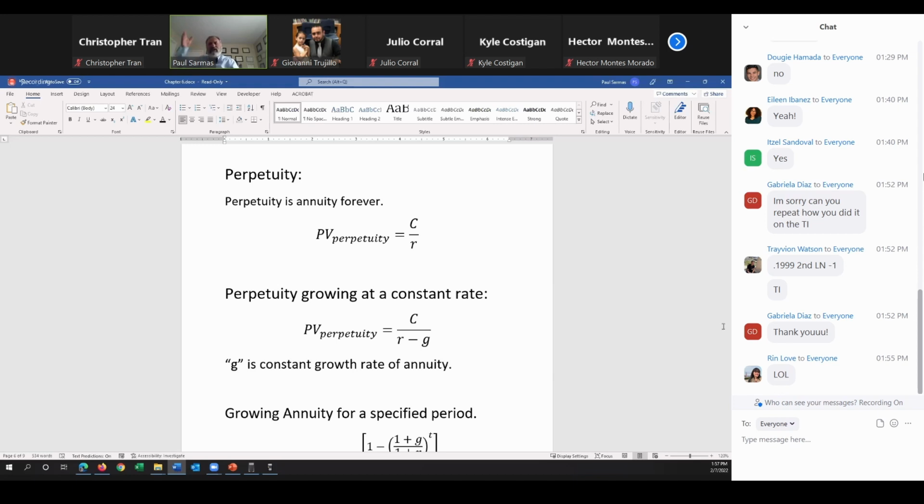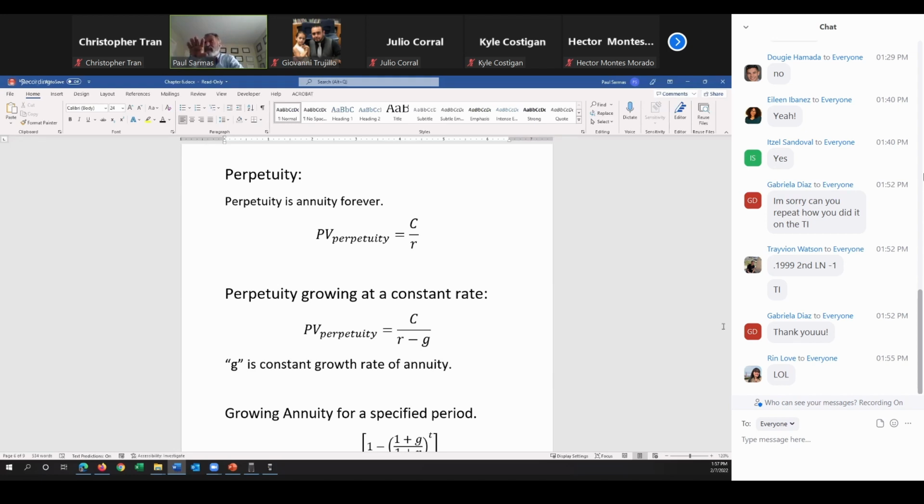Every year, this $100 will increase by 10%. As long as the change in cash flow is 10% every year forever, you can calculate the present value using that formula in the middle of the page, C divided by R minus G. So here you have an annuity that grows at a constant rate, changes by a constant percentage.